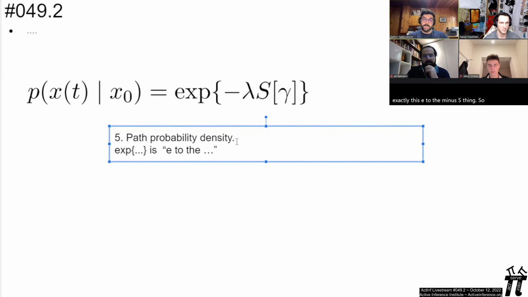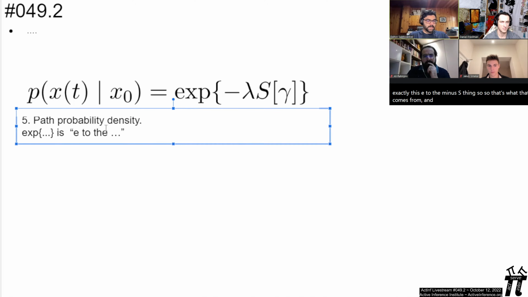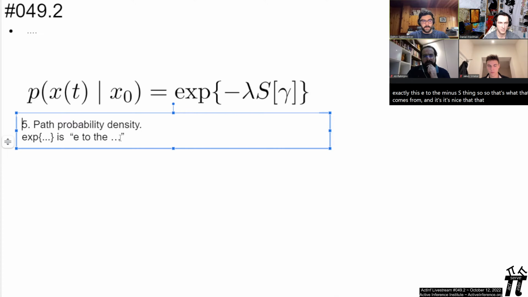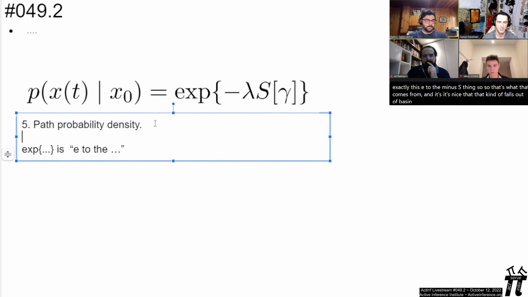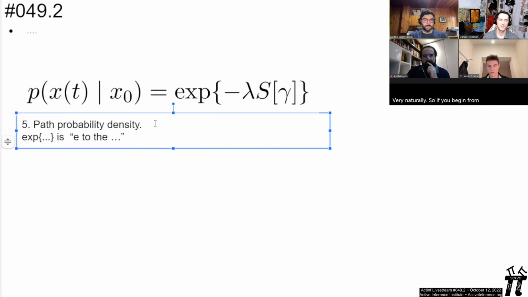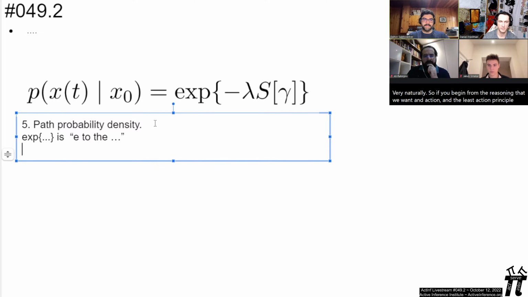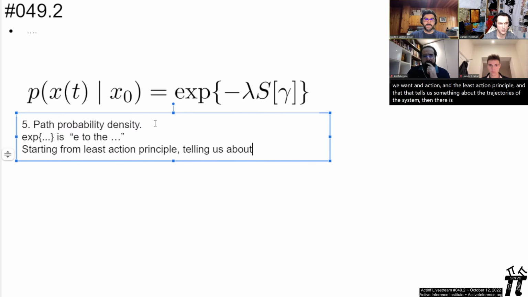So that's where that comes from. And it's nice that that falls out of Bayesian mechanics very naturally. If you begin from the reasoning that we want an action and a least action principle, and that tells us something about the trajectories of the system, then there is a very canonical way to get back the Wiener measure.